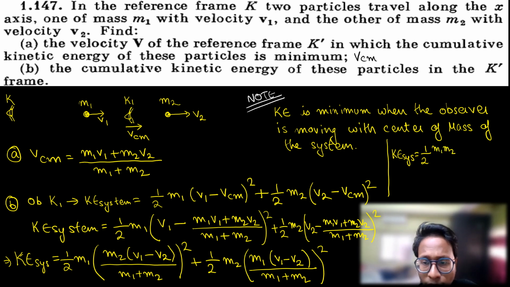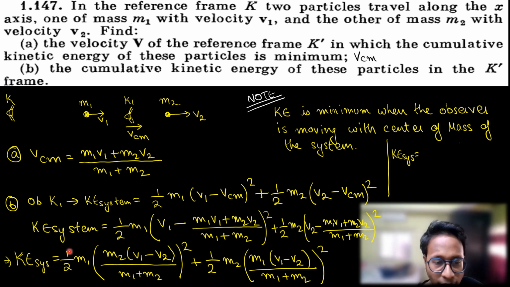I can take half common from both, and I can take (m1 plus m2) square common from both.